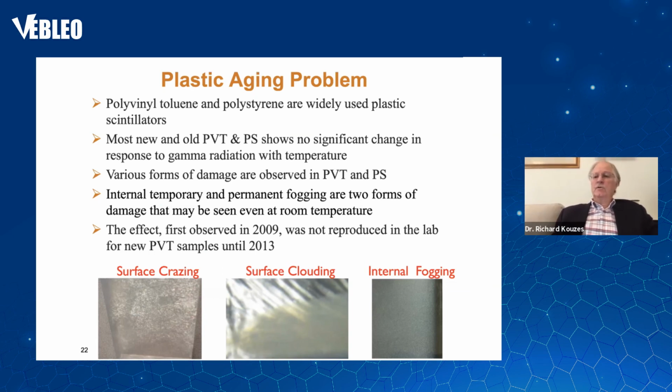Hot, humid conditions can push water into the material. And when it gets cold outside, this water condenses and produces this internal fogging, which generates defects at the micron level inside the material and produces aging. So a lot of time has been spent looking at these sorts of problems in materials and trying to solve those problems or reduce their impacts.